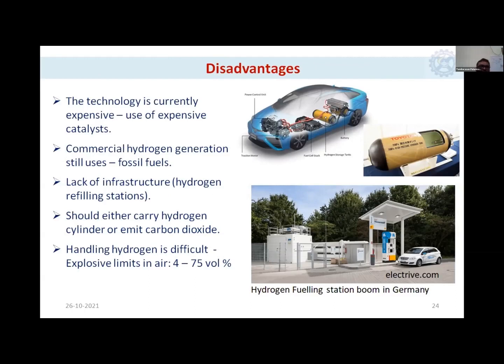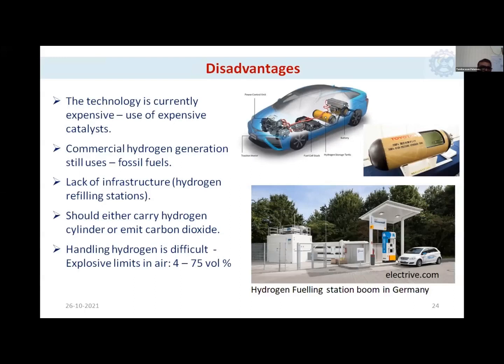So generation of hydrogen and conversion of hydrogen and everything is costing. Everything costs here, and use of costly platinum catalyst. All these things put together, the technology is currently costly, but it will be feasible later, at some point when gasoline prices increase.